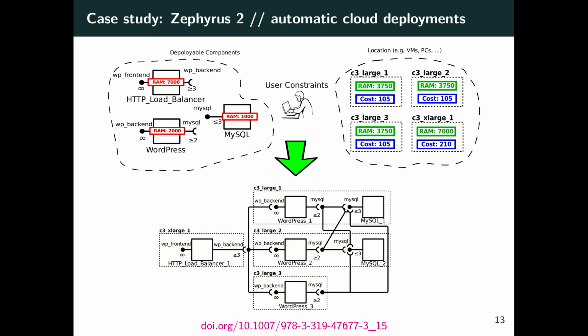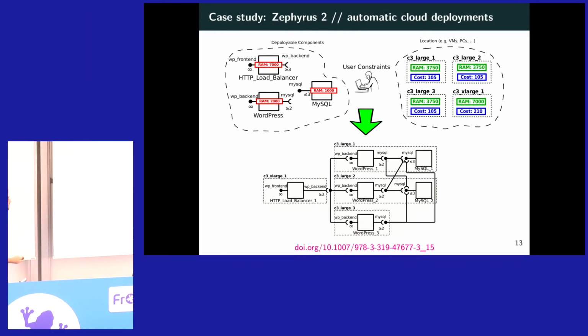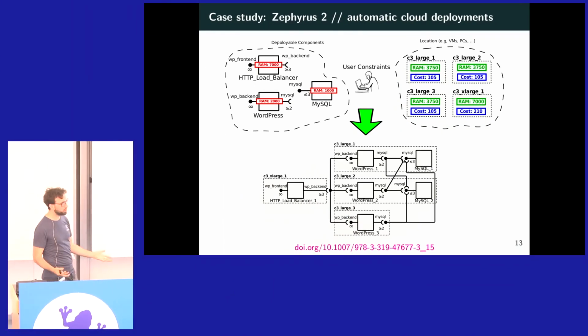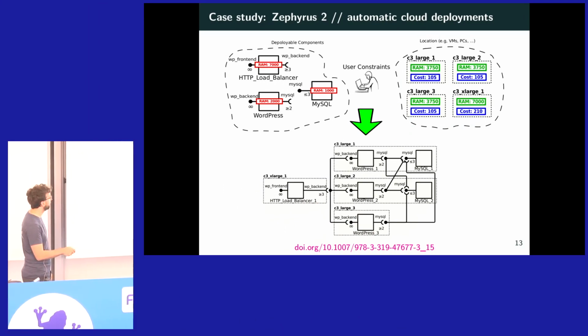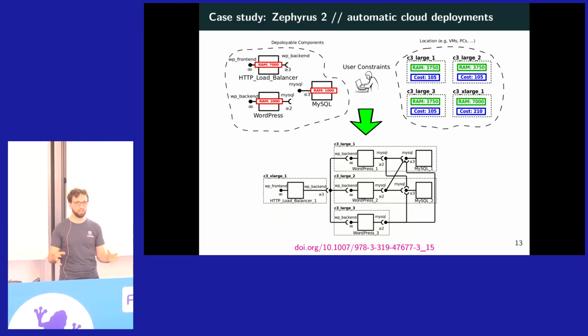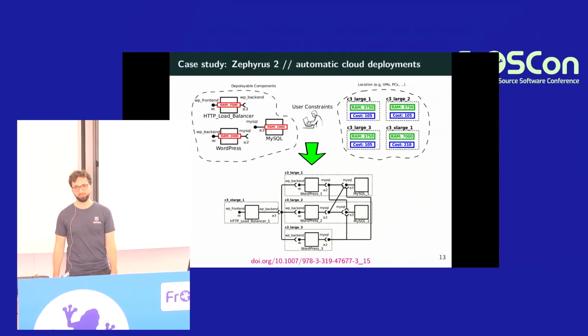And then it allocates your components to virtual machines and tells you which virtual machine to buy, and does it in a way that you pay the least amount of money for your virtual machines. And then you can add all kinds of additional requirements. For example, you could say that all my databases and all my WordPress instances should not be co-located on the same host, because if you're running multiple databases for redundancy, they should not be on the same host.